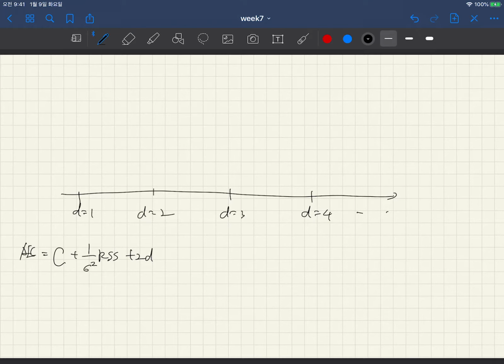And this constant is always added to each stage, so you can simply ignore this part.